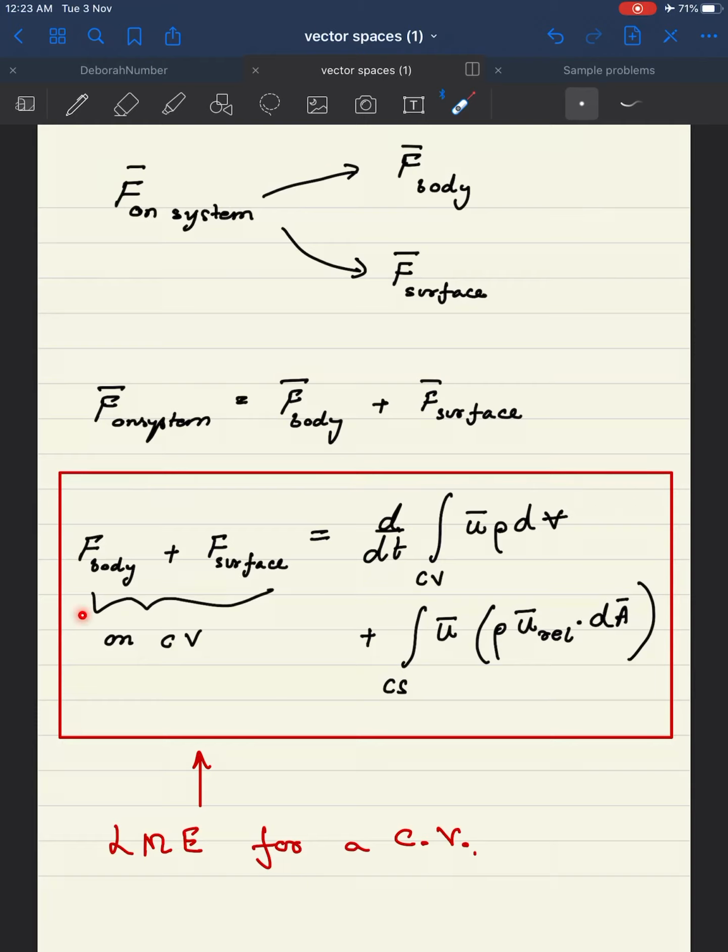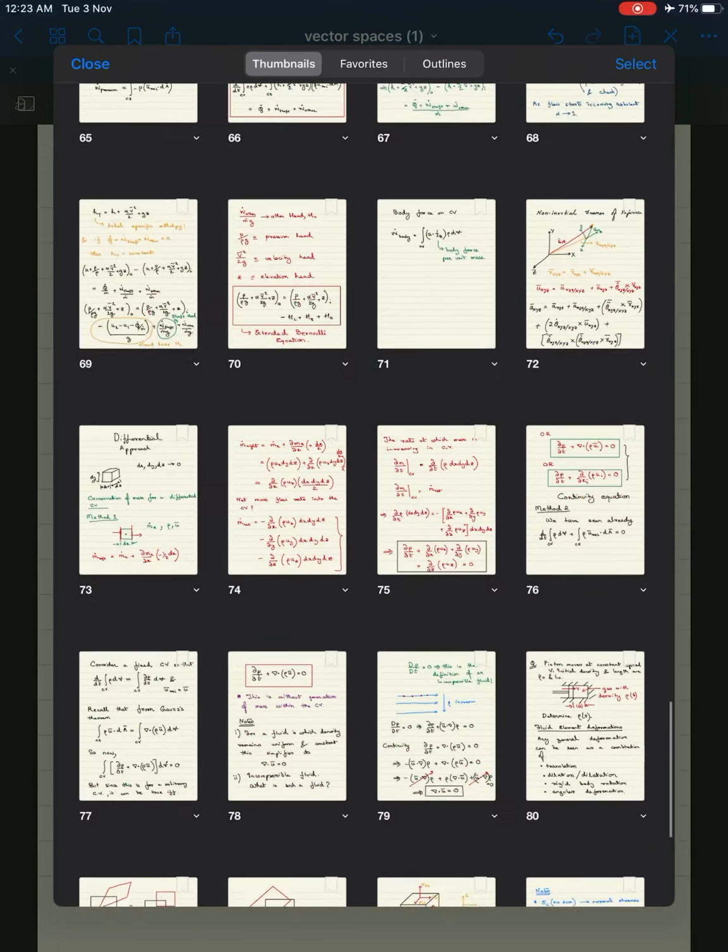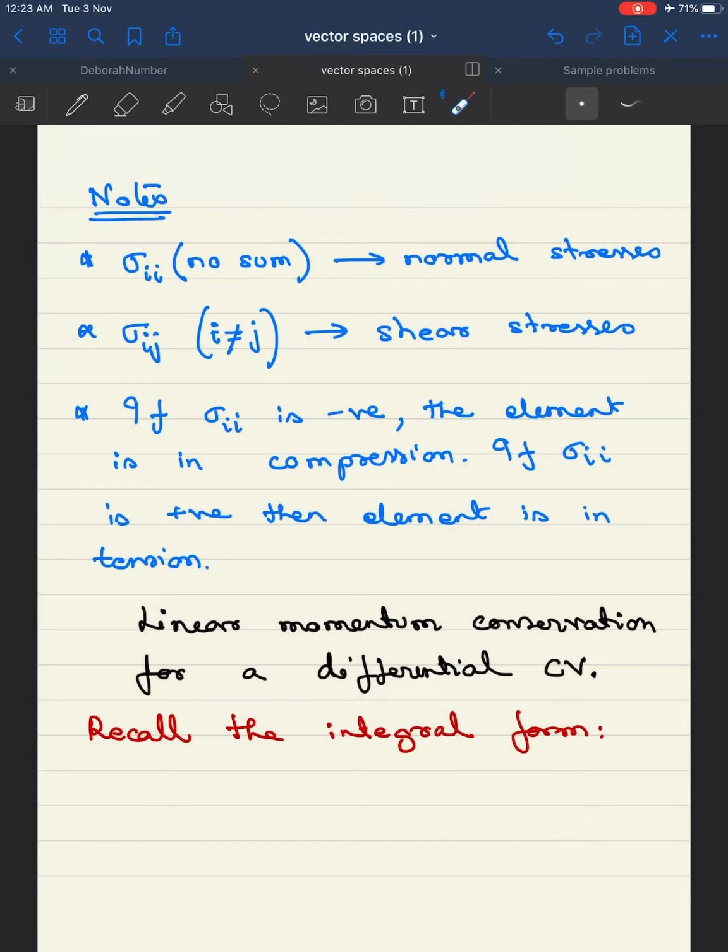So you have the body forces and the surface forces on the control volume, and on this side you have the time derivative of the momentum inside the control volume, and then you have the flux through the control surface. Okay, so let us go ahead and write that. I'll change what is written on which side, because this is how they usually do it.